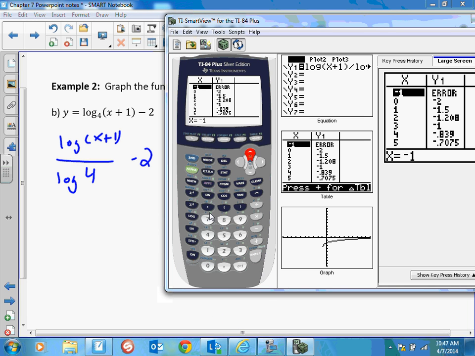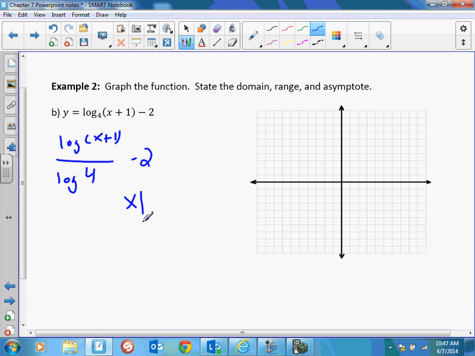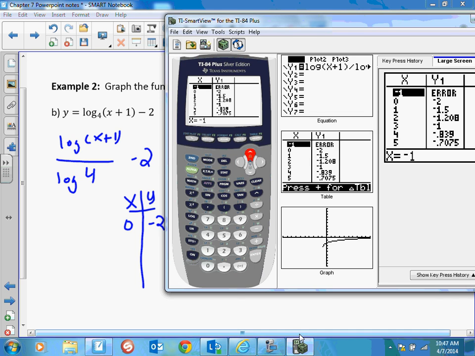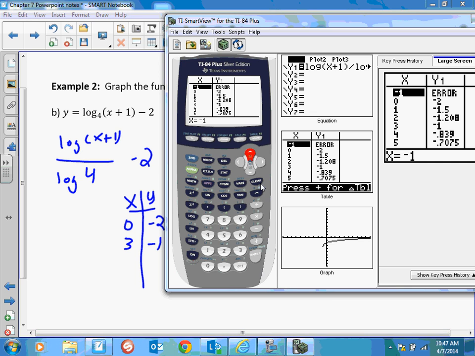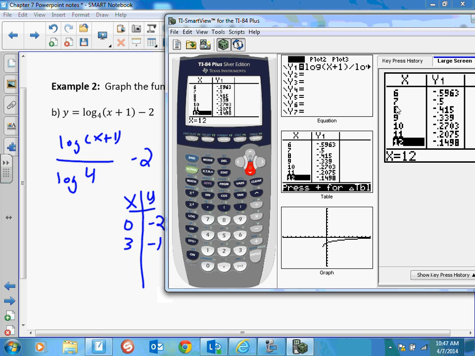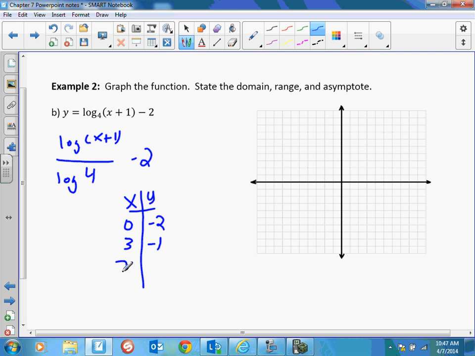So we got 0, negative 2. We have 3, negative 1. What else do we have? No other really good points. Let's do 7, -0.5. That seems like a decent point.